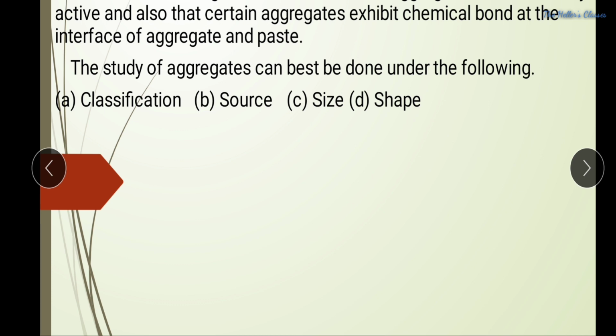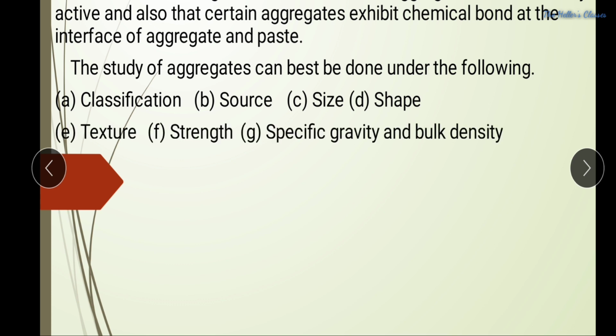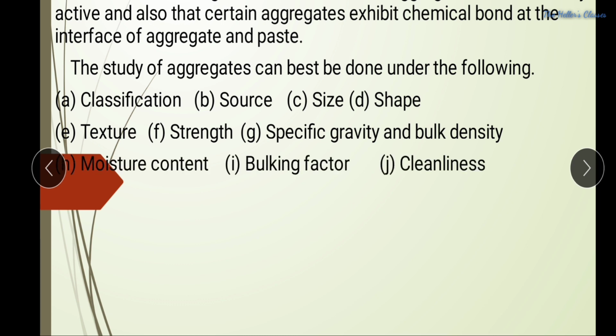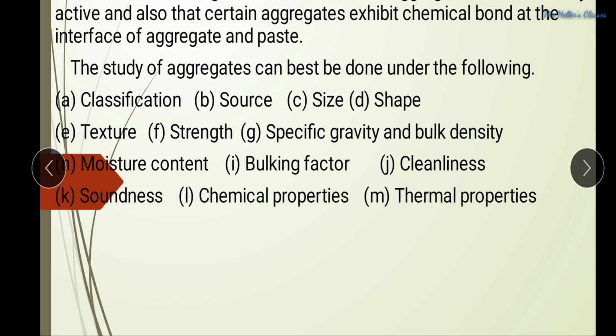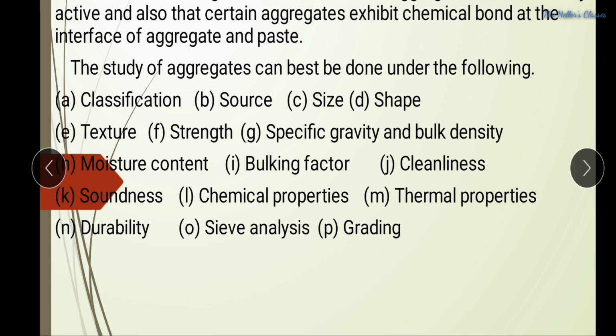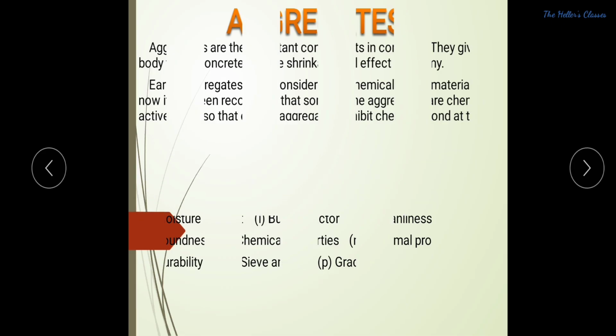Next is the shape, in what type of shape the aggregates are available in the market and what kind of shape is useful for us, as well as texture, what kind of textures we need to choose for the structure, and strength, specific gravity and bulk density, moisture content, bulking factor, cleanliness, soundness, chemical properties, thermal properties, durability, sieve analysis and grading.